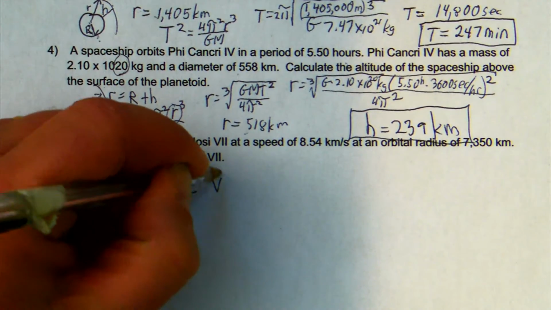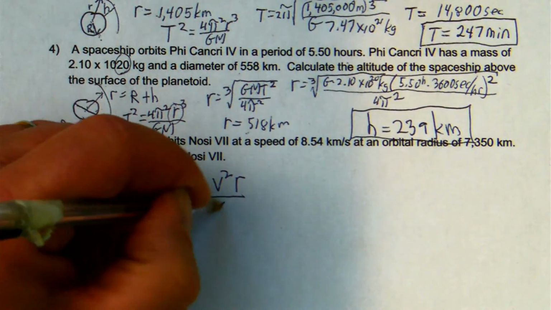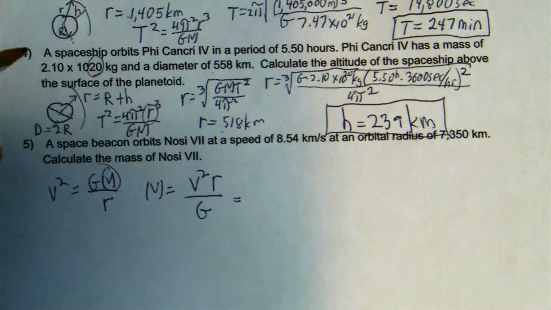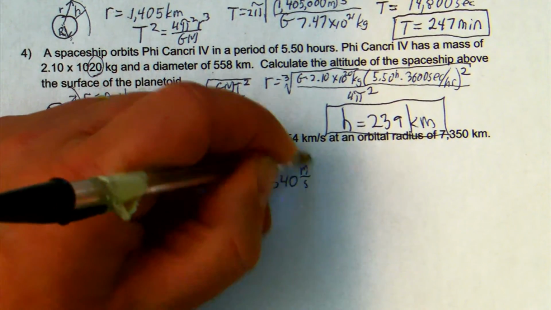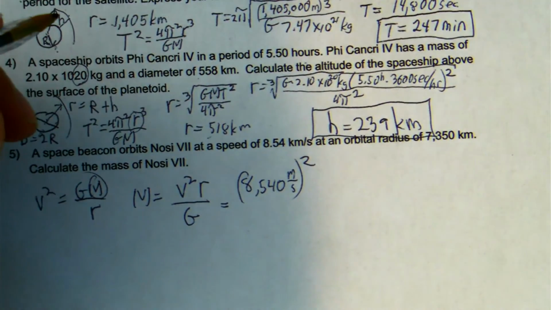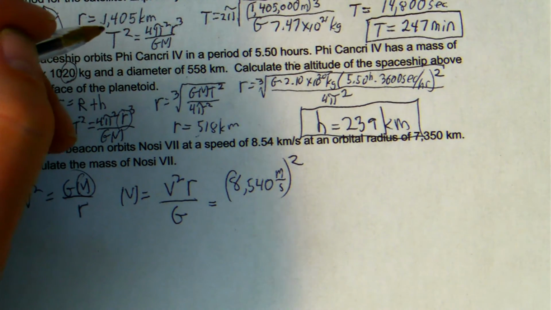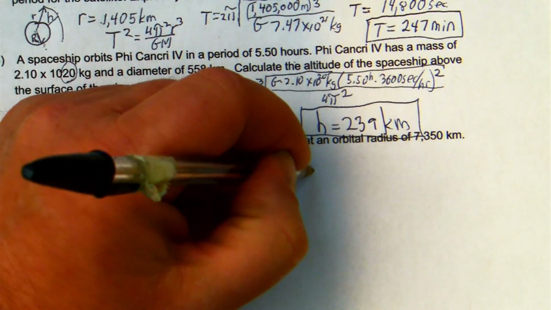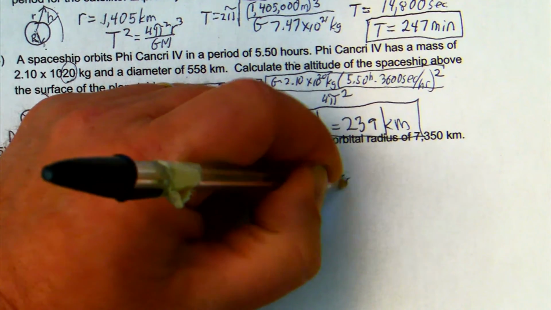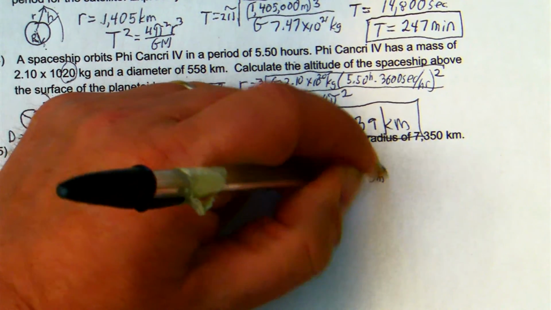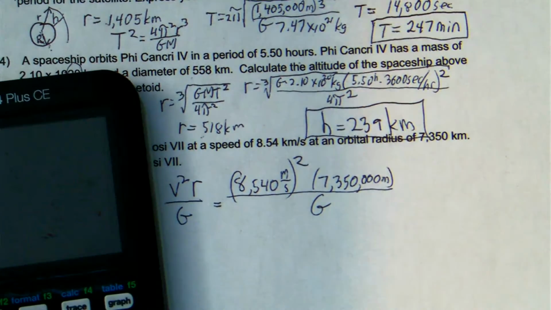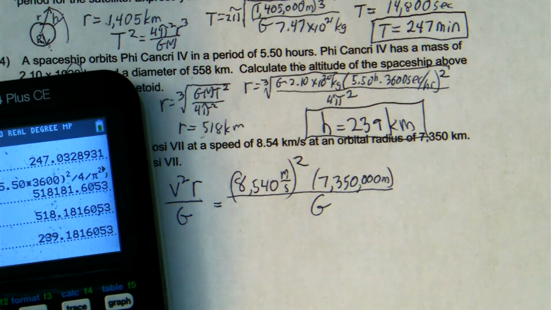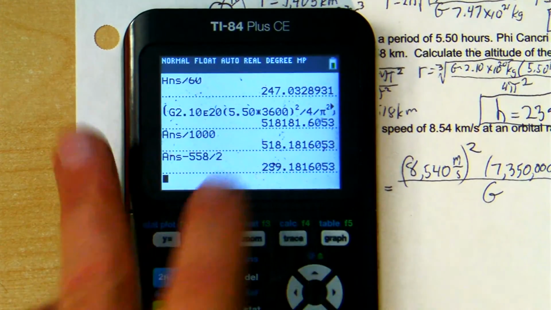Mass equals v squared r over G equals 8,540 meters per second, because you're not going to goof on your units ever again or conversions, times r, which is 7,350,000 meters, divided by G, which is 6.672 times 10 to the negative 11 newtons meters squared per kilogram squared, stored in the calculator.